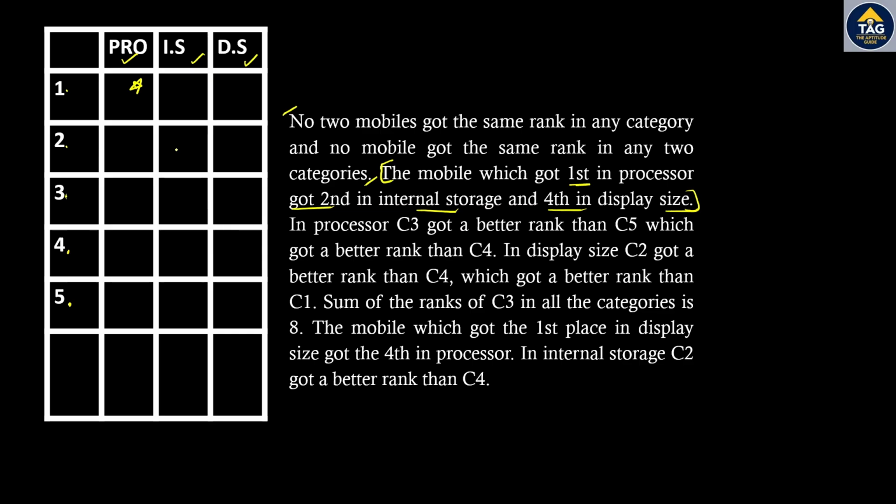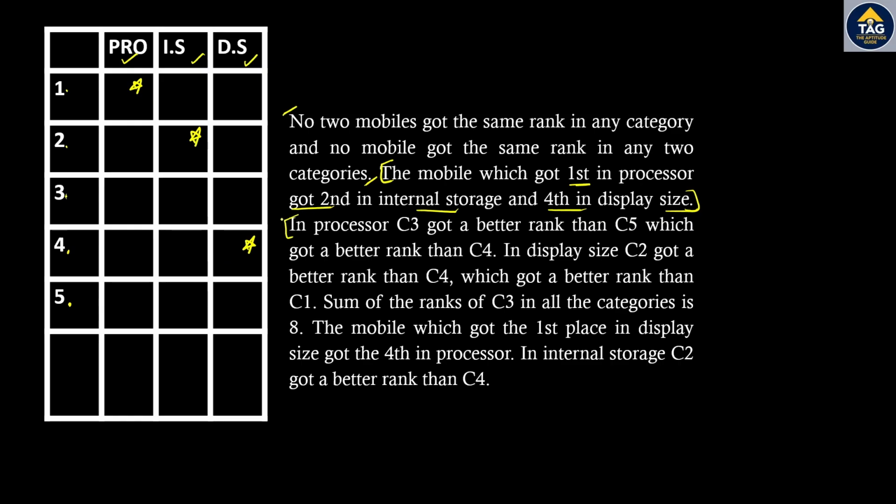And the same symbol is to be present in second in internal storage. And the same mobile has got fourth in display size, so let it be the same here. The name that you have written here should be written here, and even here. That's the reason we have marked these 3 with the same symbol.